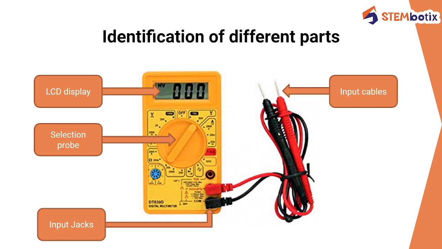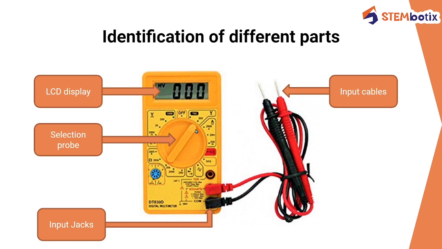To measure the different electrical quantities, you will need these cables. Here, this is the LCD display on which you will get your output. Whichever quantity you are measuring, it will indicate its value over here. As this is a digital multimeter, it will give digital output only.